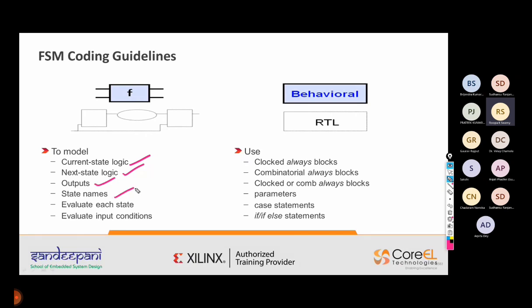Then state names: state names are given for our reference in the representation, but they are not understandable by any machine, that is, any compiler. So I have to give numbers to those states, and take care of naming states. Then I have to evaluate conditions for each state and also each input I receive. So these are the logics we have to model to write code for any FSM.